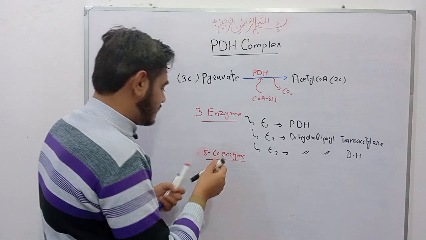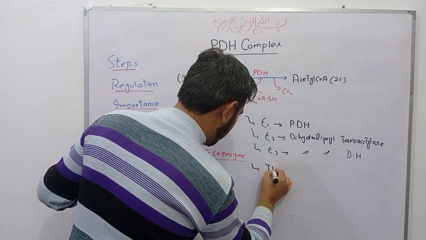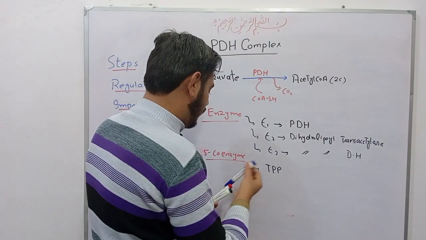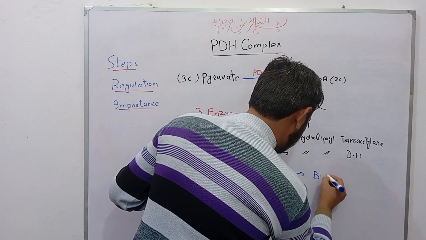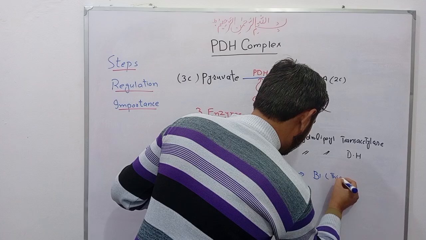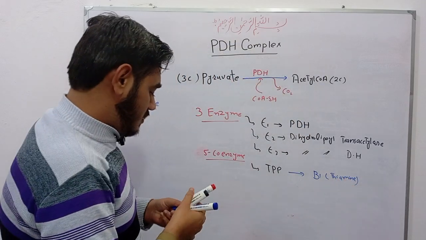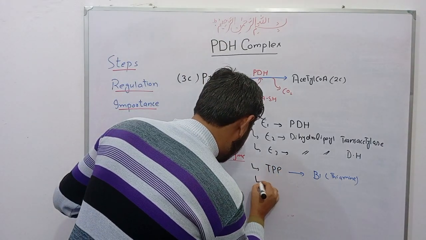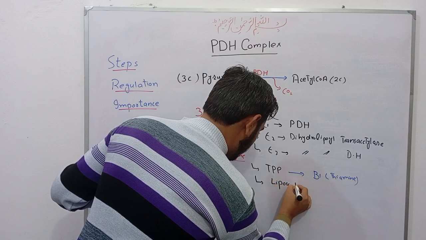The first one is thiamine pyrophosphate, which is derived from vitamin B1, and its name is thiamine. And the second coenzyme is lipoic acid.